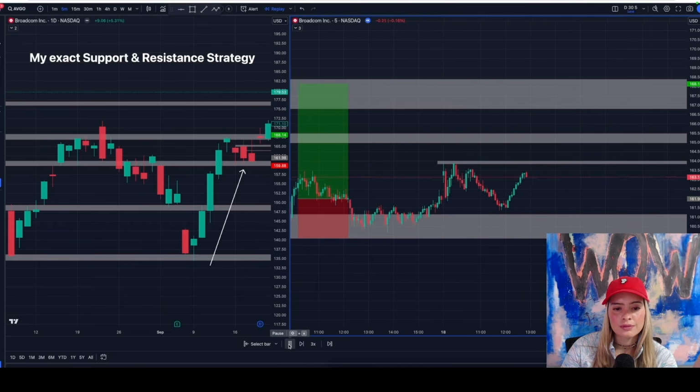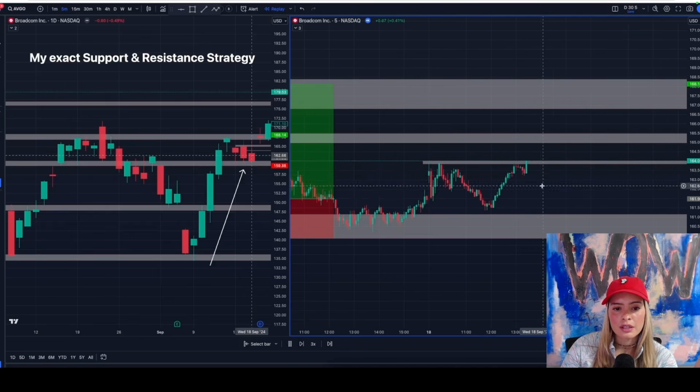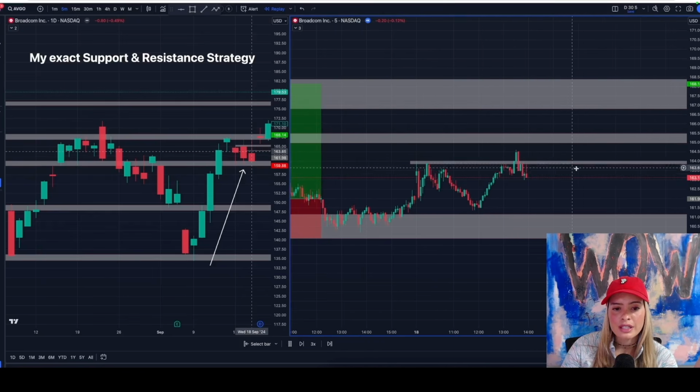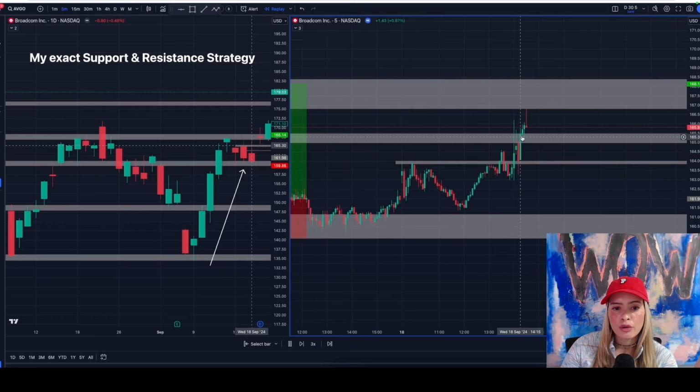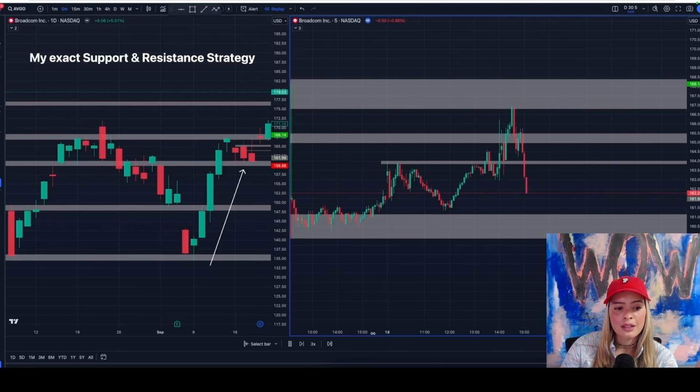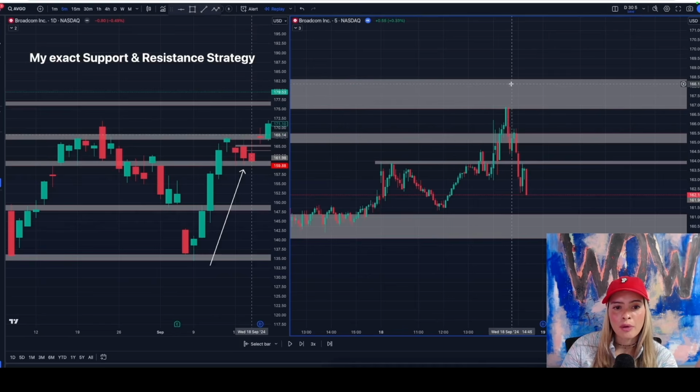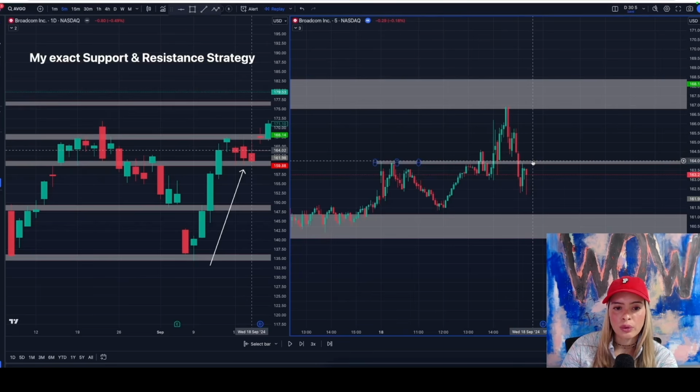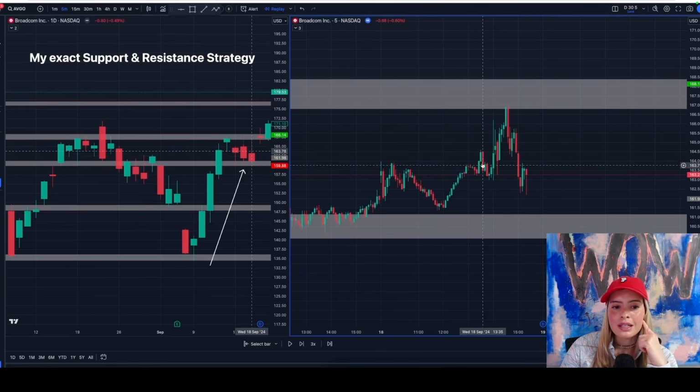Let's see. Okay, it's at a weak level of resistance, it's rejecting there, another weak level of resistance. And then look how my major level of resistance is this one, right? So let's take out these weak levels here. We can see how we have a reaction at this level, but the market keeps going higher.